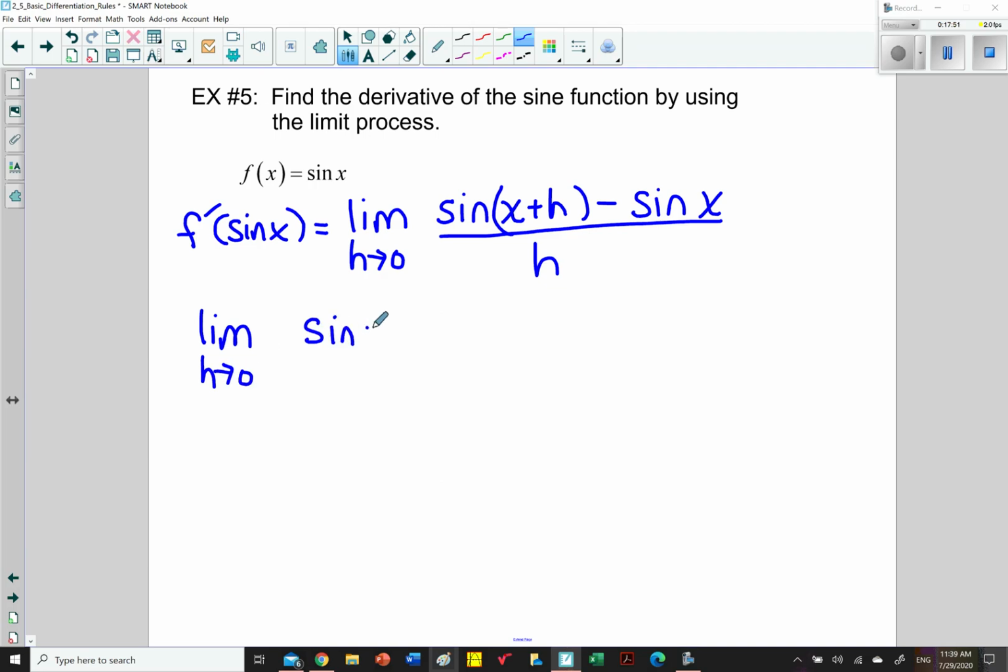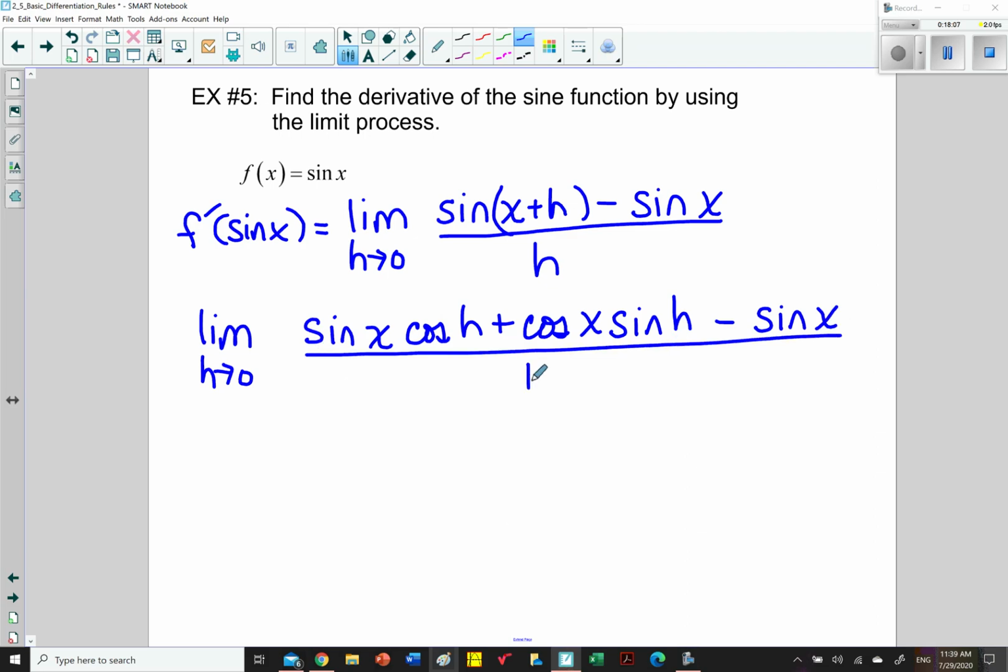So sine of x cosine of h plus cosine of x sine of h minus sine of x divided by h. Hey, how about that great straight line? Sometimes I can draw a straight line, sometimes I can't.